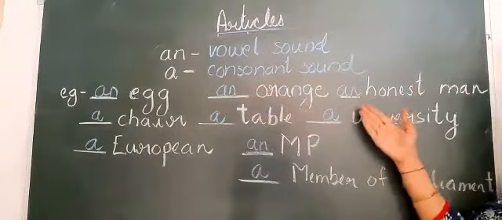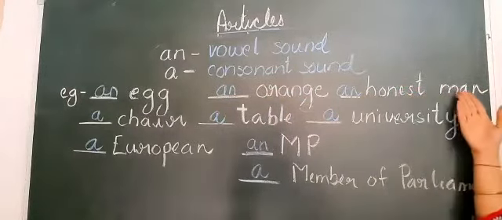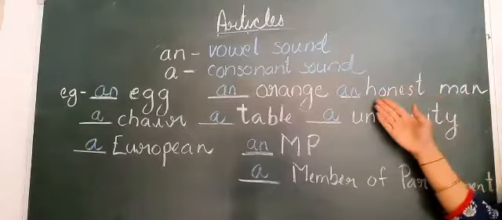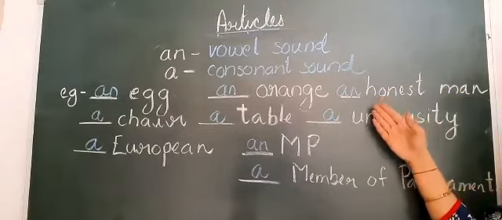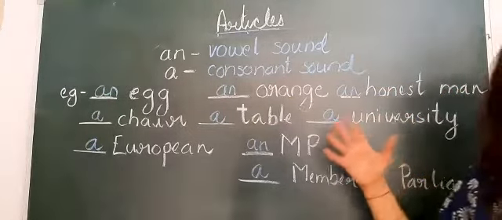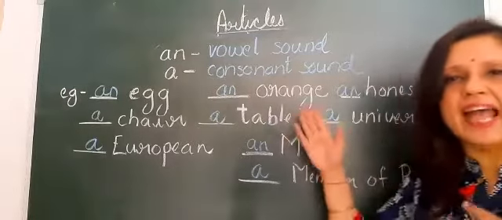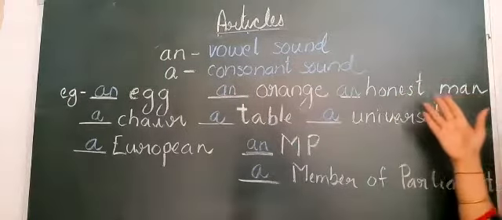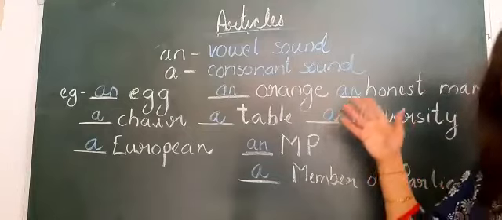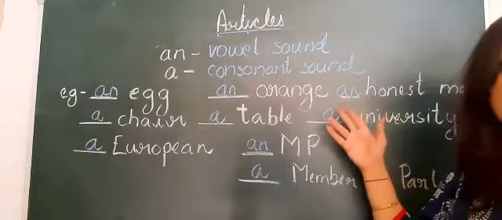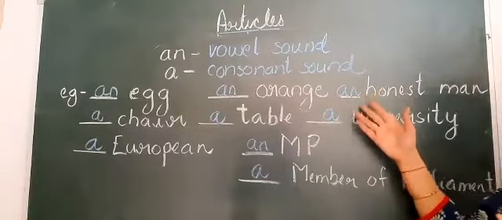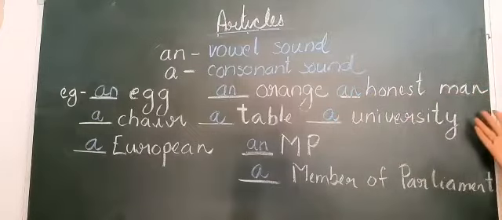Now look here, an honest man. Though the word begins with H, the sound that comes out is o, honest, which is a vowel sound, therefore we write an honest man.